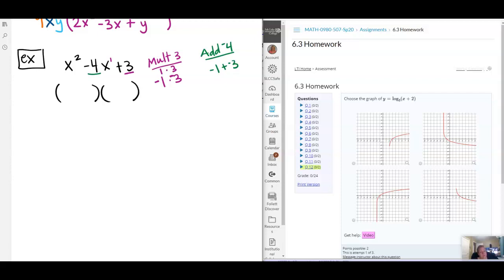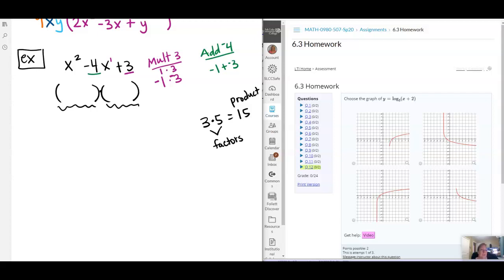This is one factor, this is another factor. Factors just mean they're the two things being multiplied together. Like if you had 3 times 5 equals 15, 3 and 5 are factors, and 15 is the product. So what do I mean by factoring? I'm trying to get it into something times something else.